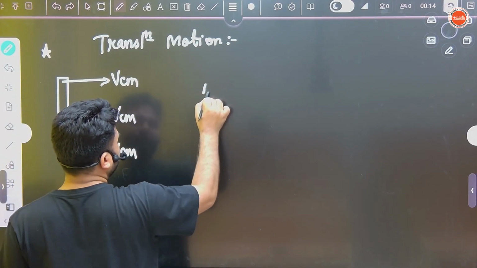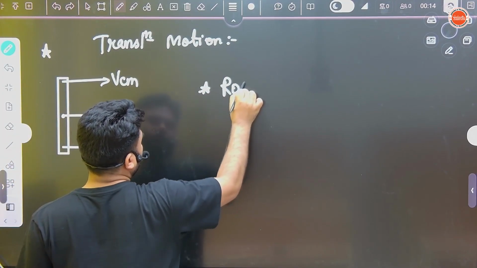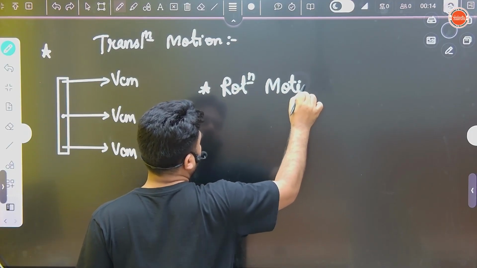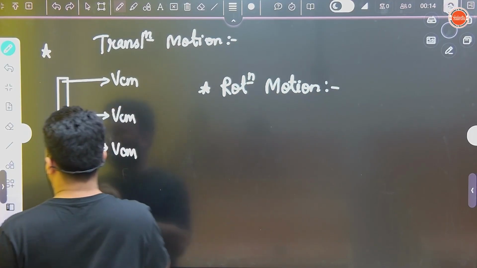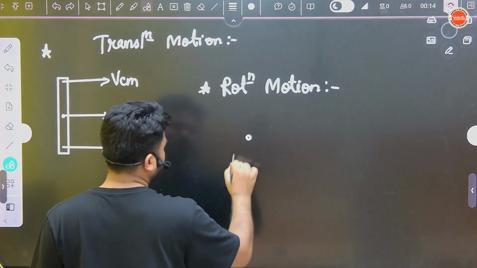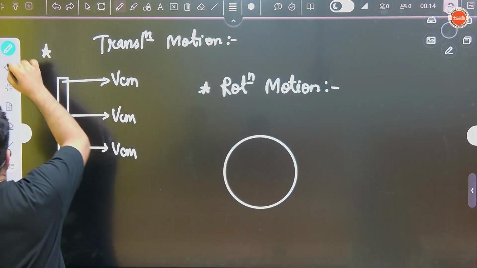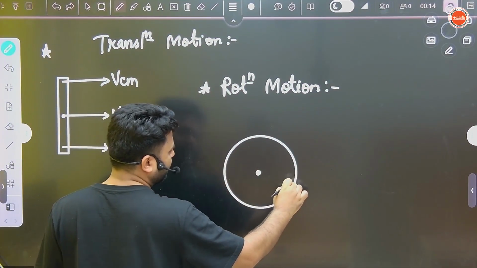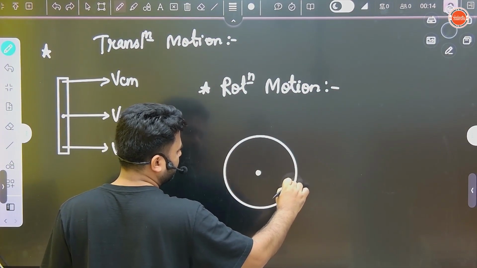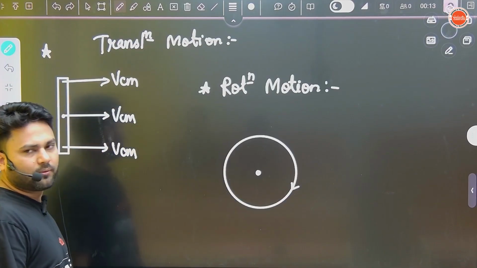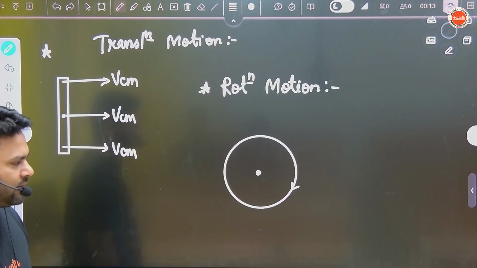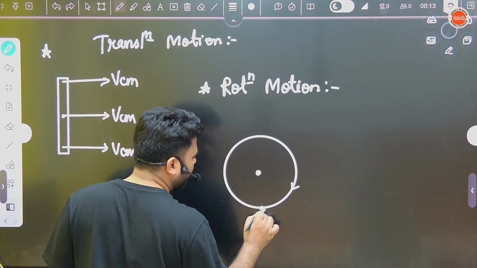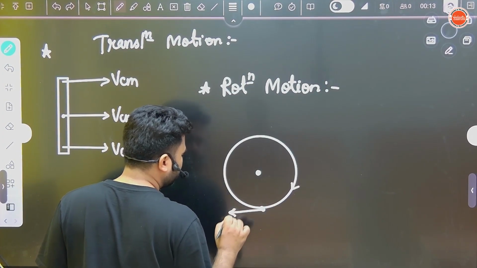Next is rotation motion. In rotation, what happens? Suppose there is a disc, a CD, or any particle which is rotating like this. This is the center of rotation. The particle is rotating like this. Correct? If I ask what is the direction of the linear velocity here, you will write the tangent.